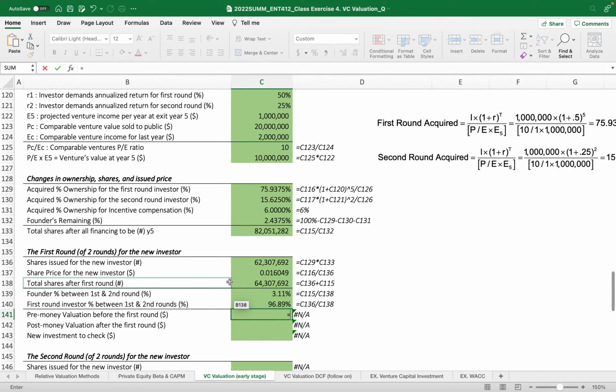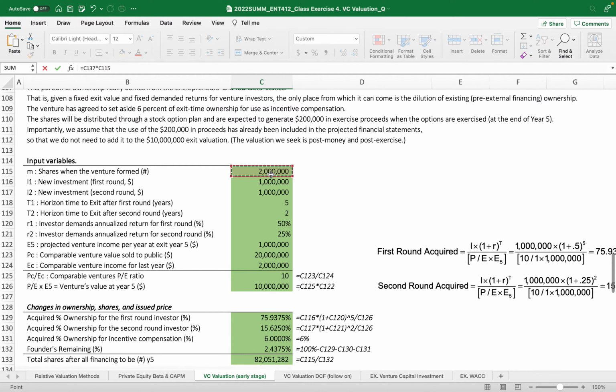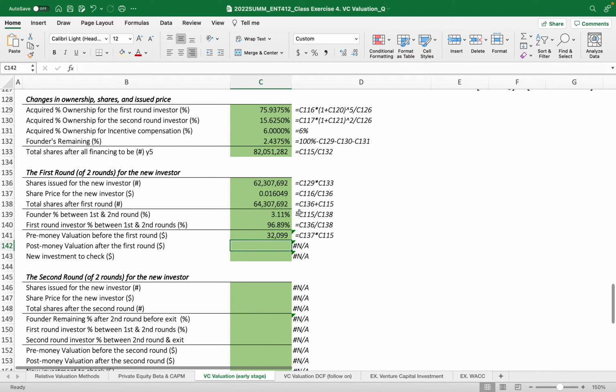Then what is the pre-money valuation before the first round? The stock price per share is 1.6 cent times the total number of shares before the first round, which was 2 million, right? Only the owners. So the 32,000 is the pre-money value before the first round. That's why this valuation process is applied to the early stage company, giving so many shares away to the venture investor.